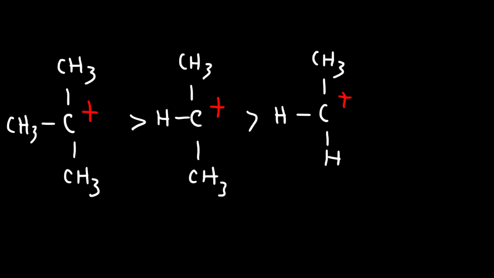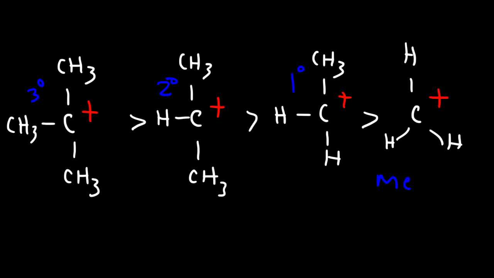And these are more stable than a methyl carbocation. So on the left, we have a tertiary carbocation. This carbon is attached to 3 other carbons. And here, this is a secondary carbocation, this is primary, and this is a methyl carbocation.